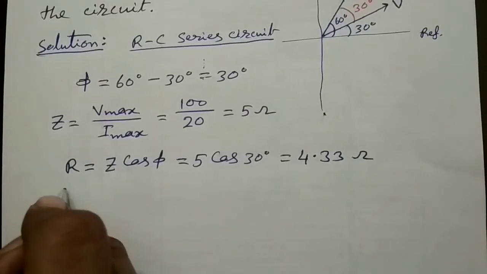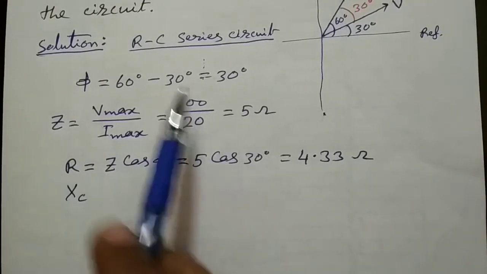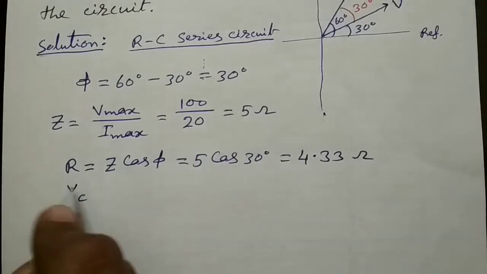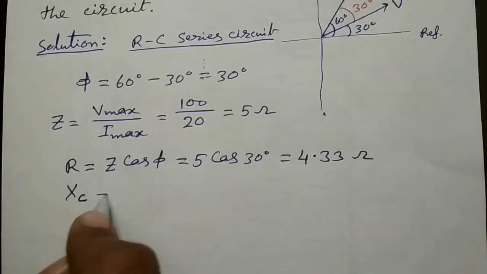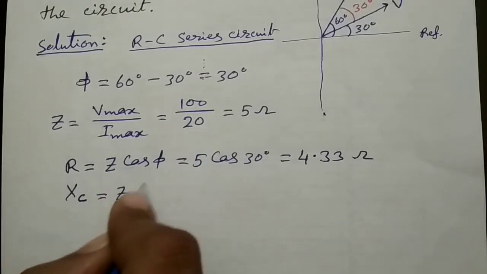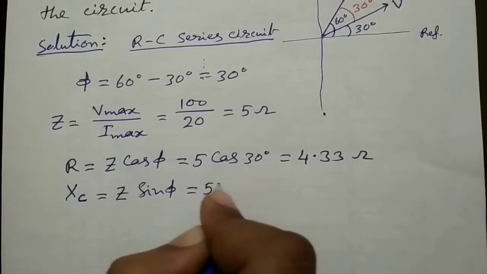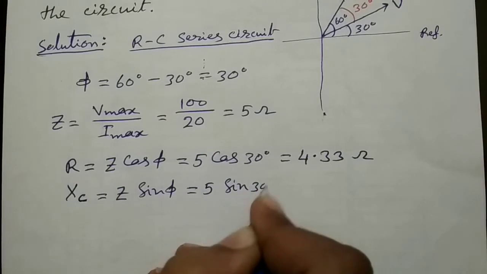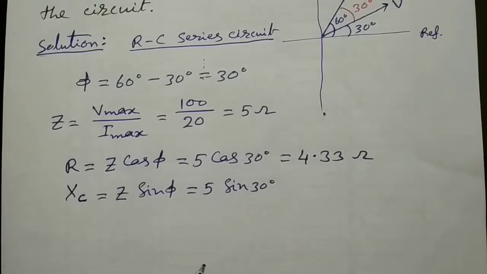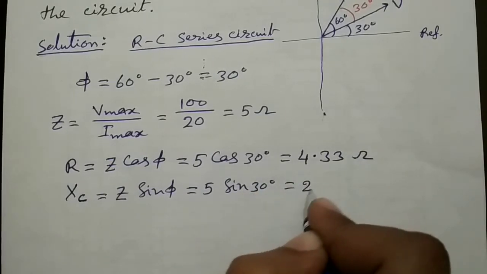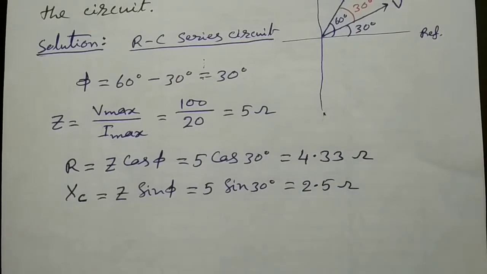Similarly, as the circuit is RC type, the reactance will be capacitive in nature. So Xc will be equal to Z sine phi, and it will be 5 sine 30 degree. So it is 2.5 ohms.